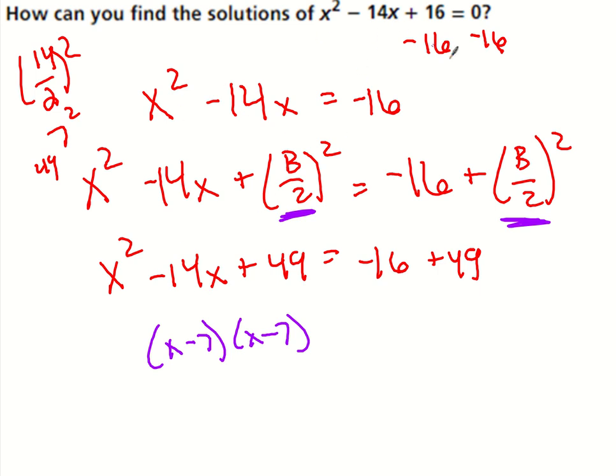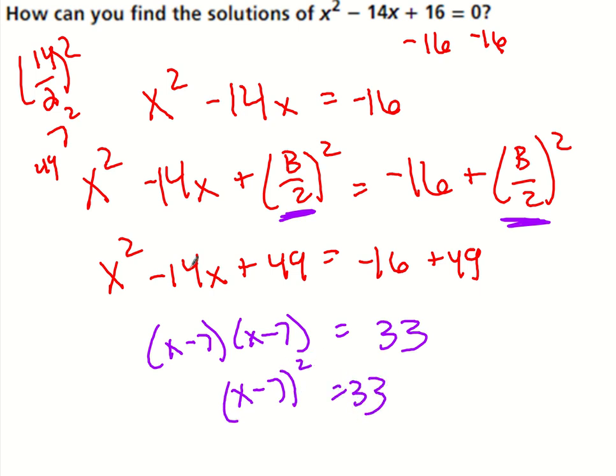I moved over this c value, then I added, and then I worked on completing the square to make this a perfect square trinomial. And now this is what I've got so far. We've got x minus 7 times x minus 7 equals 33. So now that I have this, I know this is really just x minus 7 squared, right?